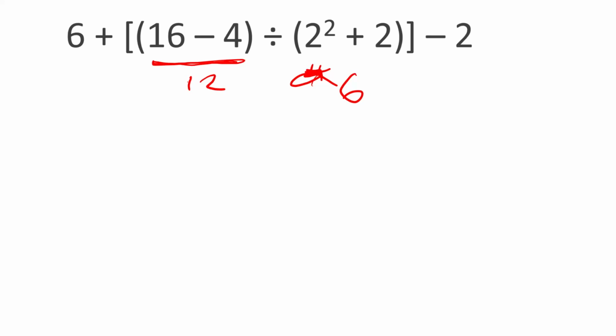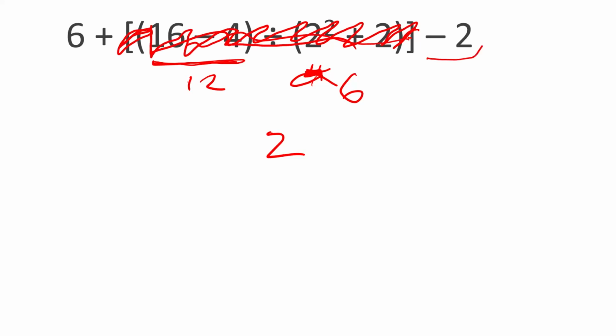Now we get rid of the outer brackets. 12 divided by 6, well that's 2. So we've now done all of the brackets. That can all be replaced with the number 2. Now we have 6 plus 2, well that's 8. And hey, you know that 2 that we just added? Well, let's take it away again. And we're back to our 6 for our final answer.